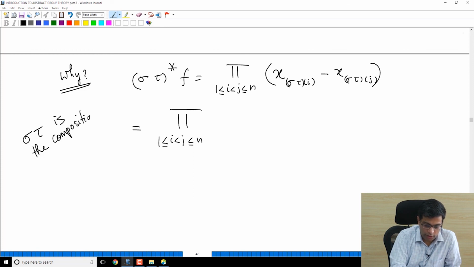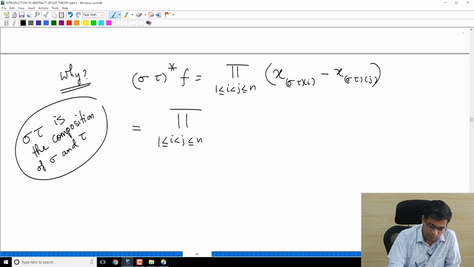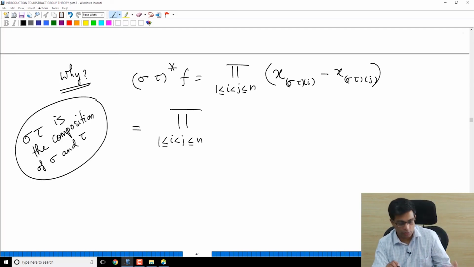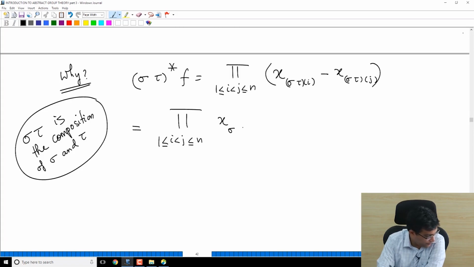The binary operation in the symmetric group is the composition of functions. So this would be the same as x sub sigma of tau of i minus x sub sigma of tau of j.